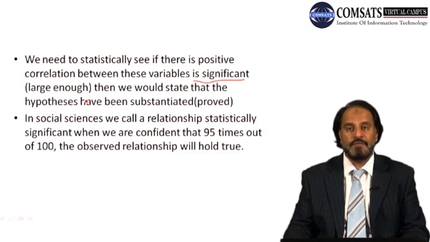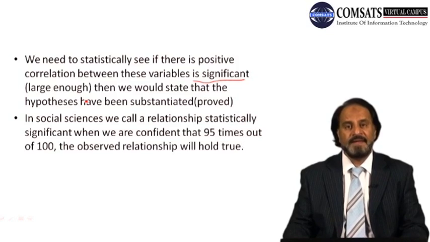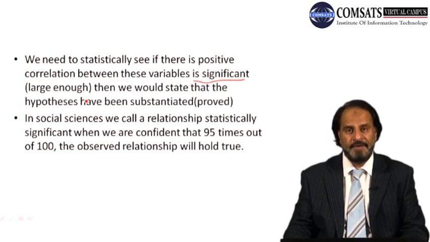So when we say 0.05 significance level, we're saying that 5% of the time out of 100, we might not find the relationship to hold true, but 95% of the time we will find the relationship to be true.